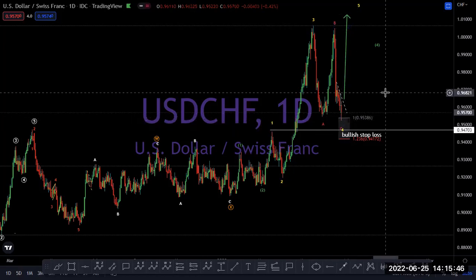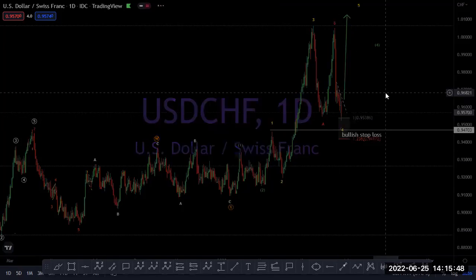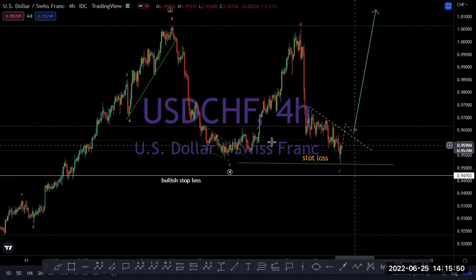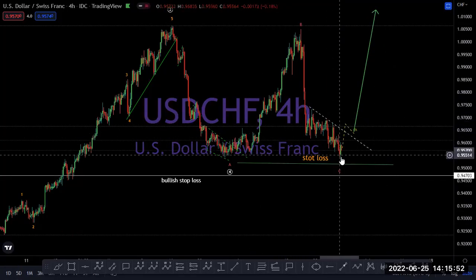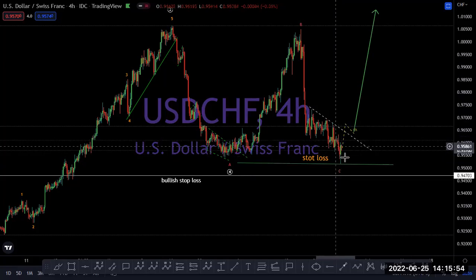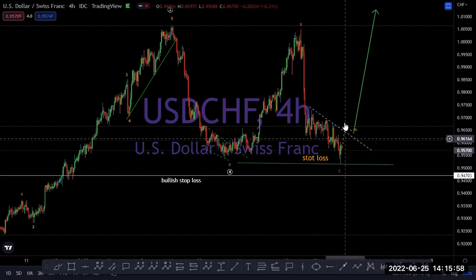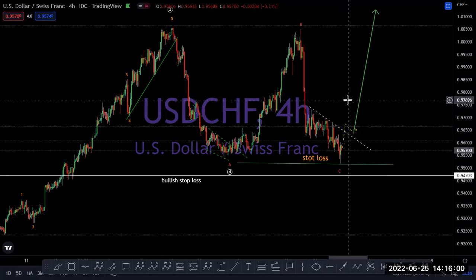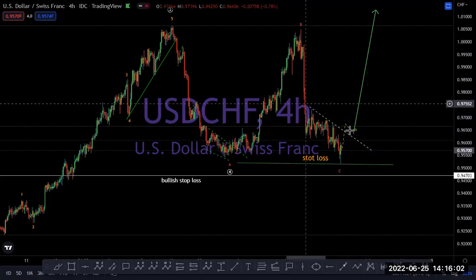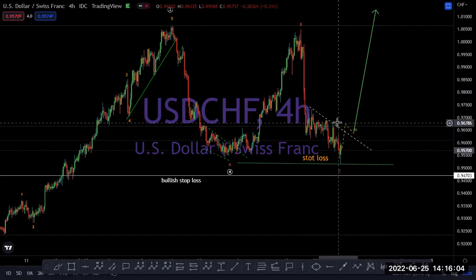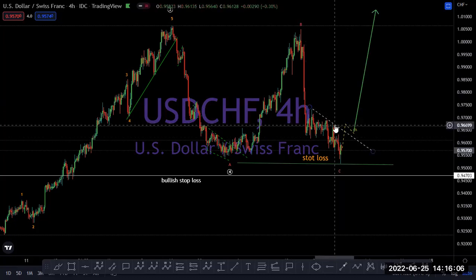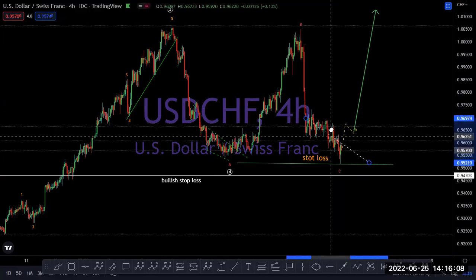So let's go to 4 hours, no need to waste time here. Now this bounce from here seems to confirm that the reversal has completed. Though, to be on the safe side, let's allow the market to break this descending channel.